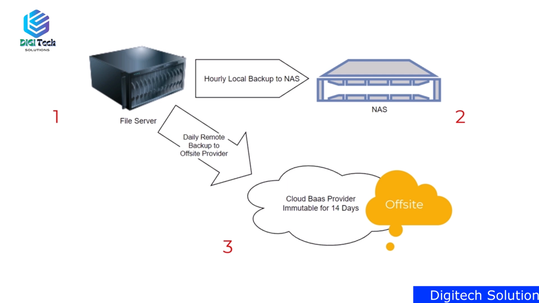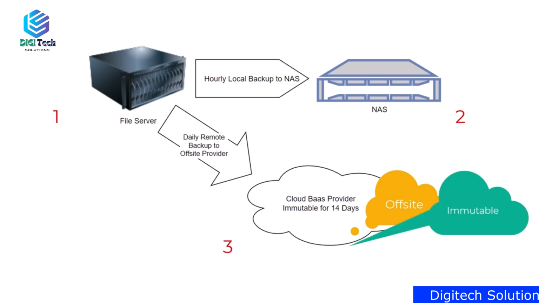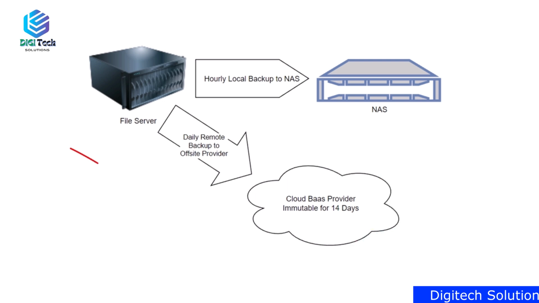You're meeting the air-gapped requirement because you have immutability on that data for 14 days. So for 14 days, that data cannot be modified or changed. And in order to meet the zero errors rule, you would simply have to set up some sort of either automated or manual task to frequently check that data to make sure you can restore from it.